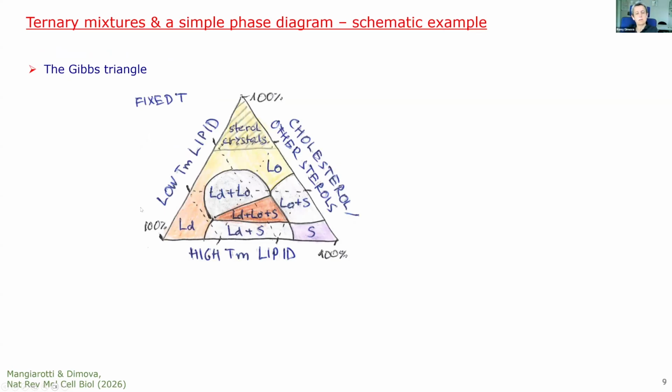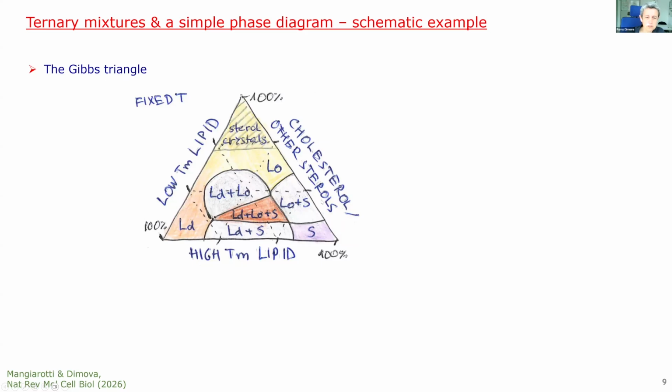And here's an example of how a ternary mixture may look like. If you have a lipid 1, which has a low melting temperature, lipid 2, which has a high melting temperature, and then add cholesterol. First, there is a region where you cannot make membranes because sterols form crystals.